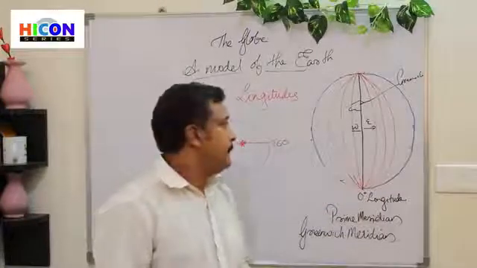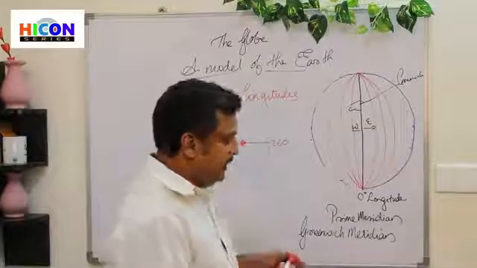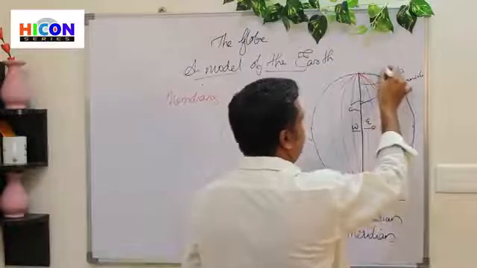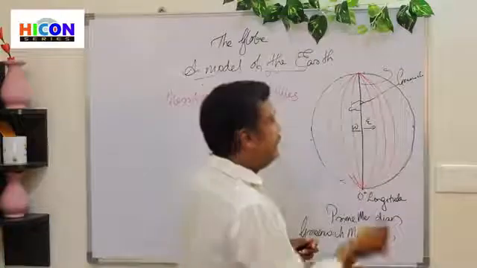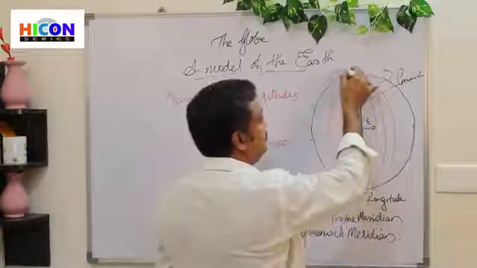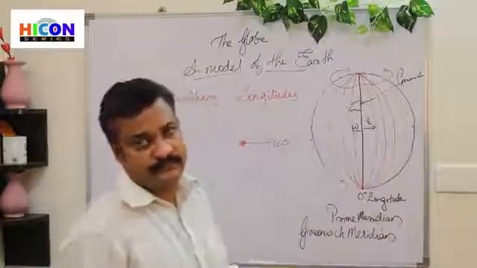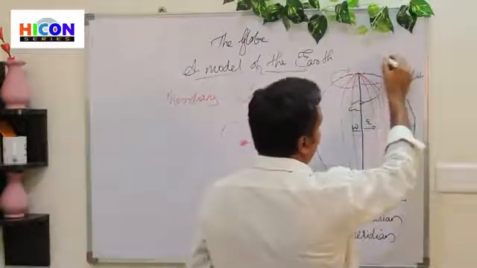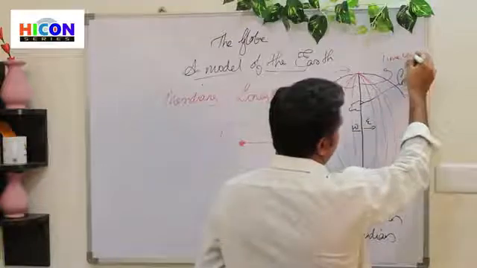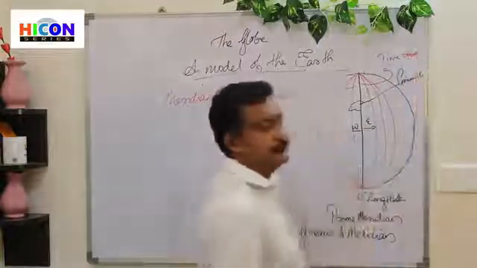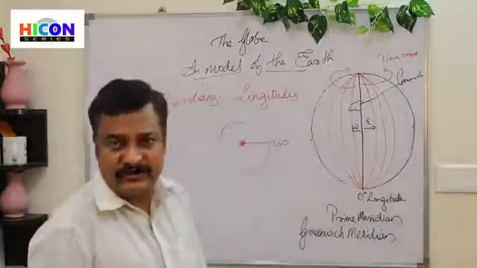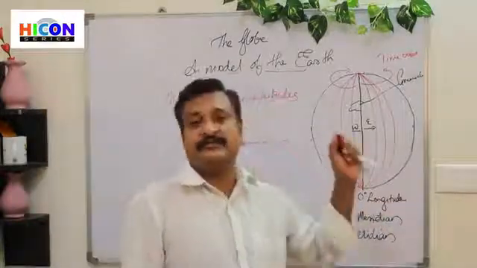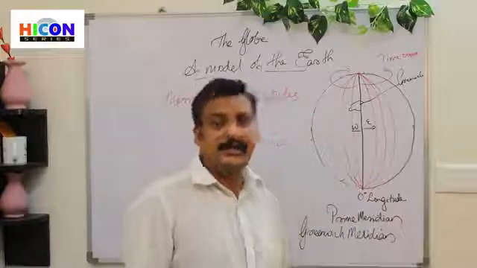And there are 180 longitudes to the east of the 0 meridian and 180 to the west, right? So these east and west directions and meridians are basically used for time calculation.